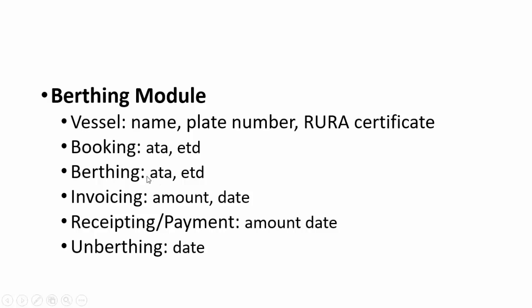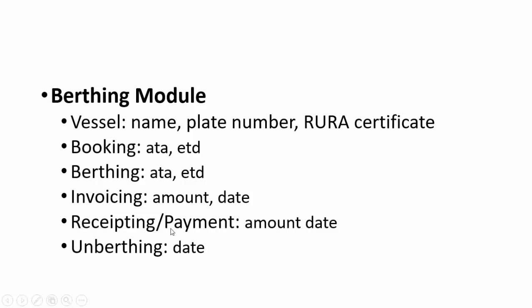But this time, it's from this level that the system starts calculating how long the vessel has stayed at the port. Now, the invoicing part is when the vessel is invoiced for how long it has stayed at the port, but also we shall see all the charges incurred by the vessel when it stays at the port, and we keep some information like amount and date and other information.